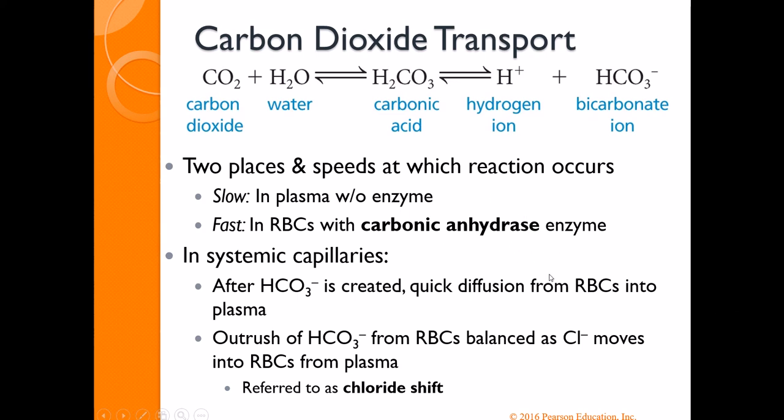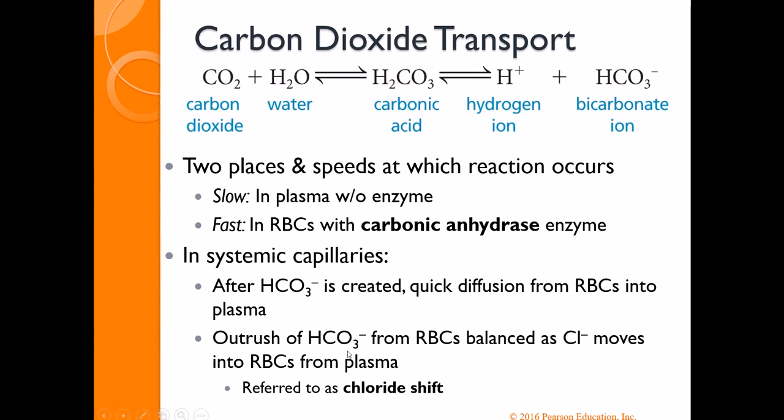And we'll look at that in just a second. But when carbon dioxide is created in our red blood cells with this carbonic anhydrase enzyme, very quickly it diffuses out of the red blood cells and into the plasma, where it then actually travels through the body.